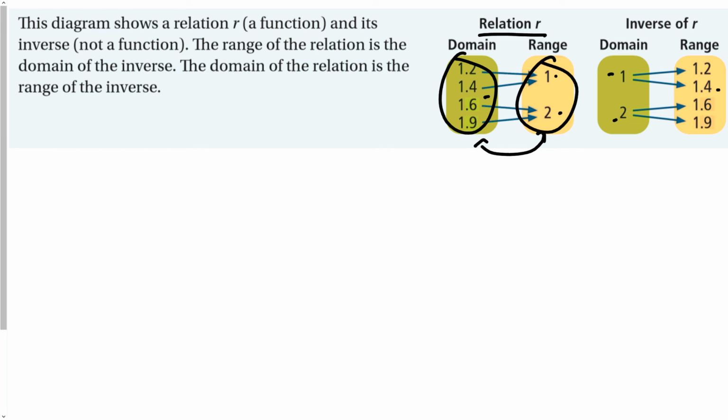That's how we get inverses. We're switching x and y. But notice that now the inverse of this relation is not a function anymore because one is going two places. It's fine, it's still data, but it's just not a function.